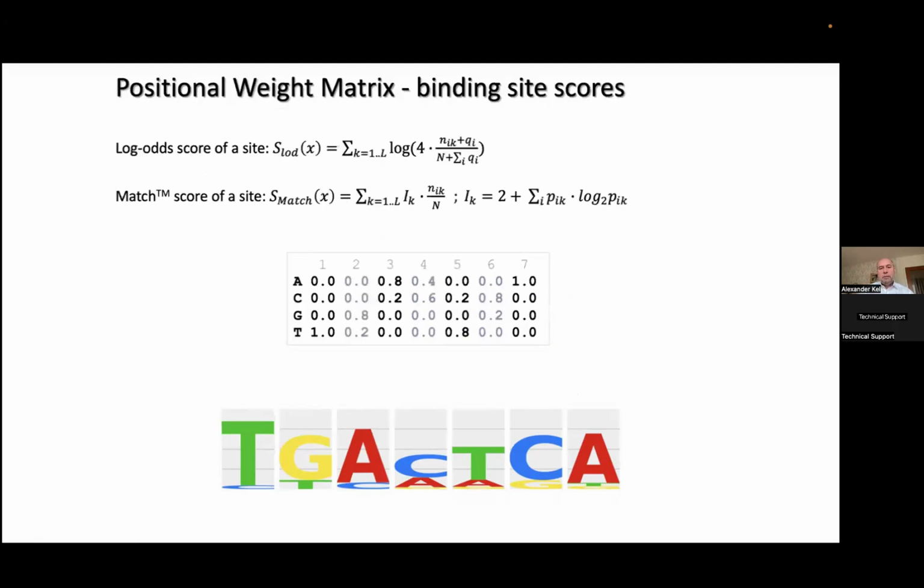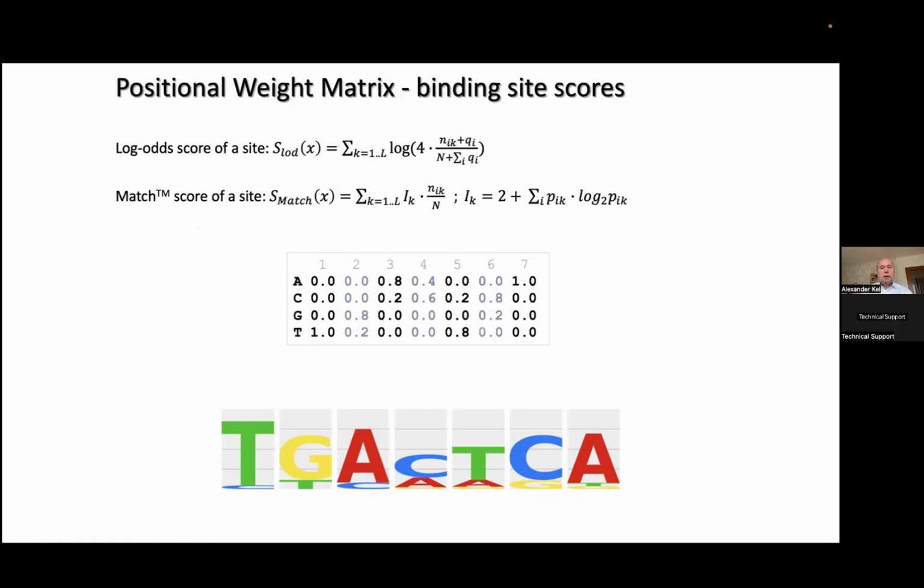Then out of these counts, we calculate frequency, which is basically dividing by the number of observations. And a more complicated bit: we build so-called positional weight matrices, which can be built in many different ways, using log-odds scores, more classical, or this match score, which we use in our tools, in our Match suite or in our site search tools in the platform.